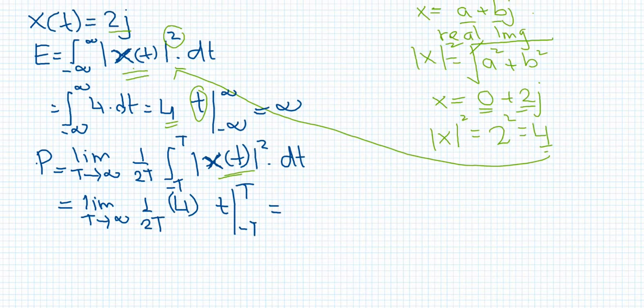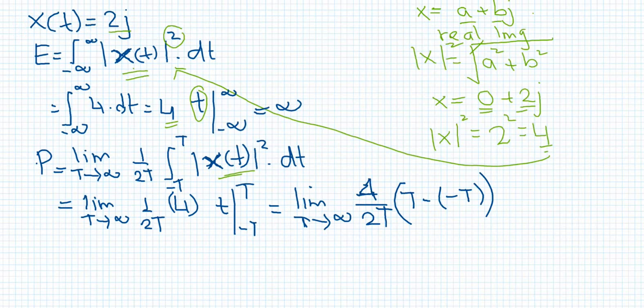So let me keep it the same here. I say limit as T tends to infinity, this will be 4 divided by 2T, and the integration will give me T minus minus T, which we know will be equal to 2T.